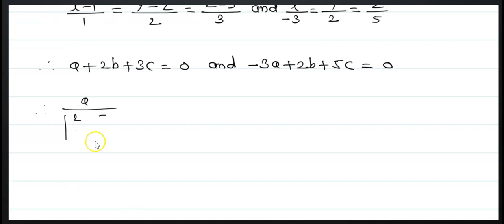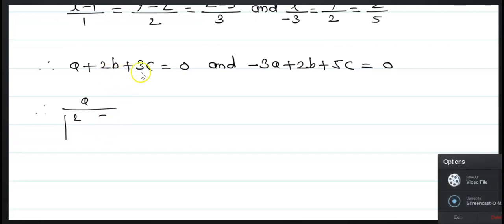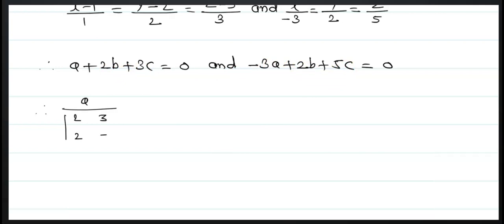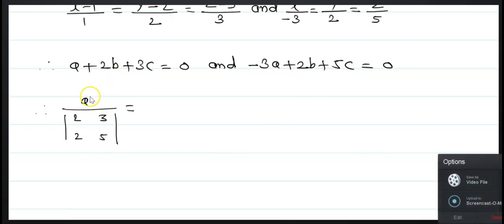a upon the determinant of 2, 3, 2, 5. Other than a, we take the coefficients here.